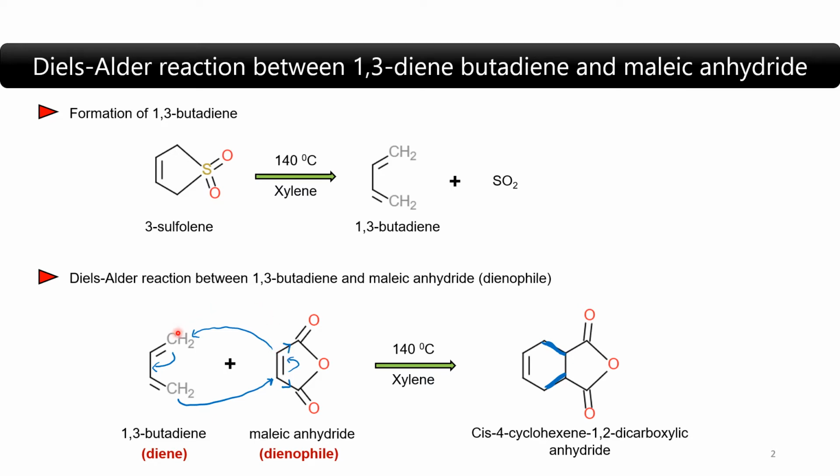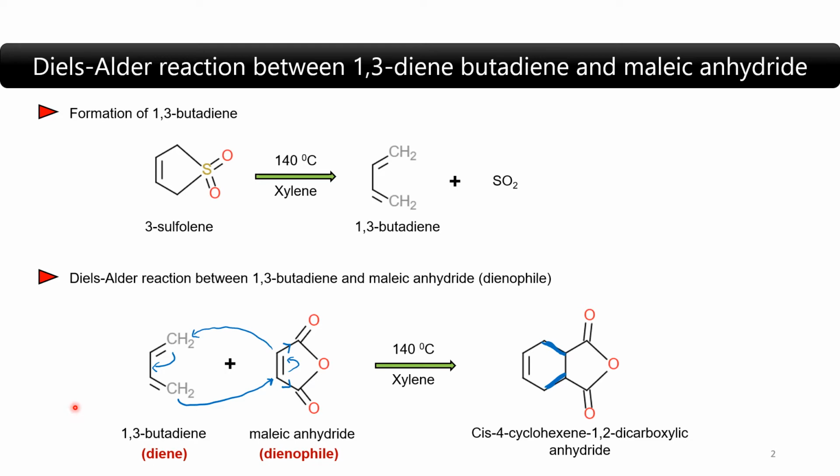Instead, it's going to form a new bond with the carbon of the other alkene in the diene, and that causes this double bond to shift to the next position. Now you can see in the final molecule the two new bonds, and the double bond that used to be here is now shifted here, and the double bonds that existed here and here are gone.